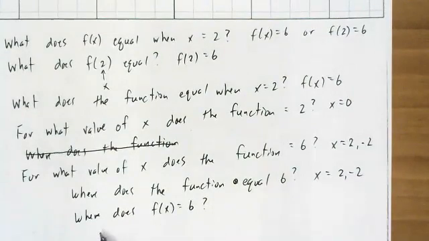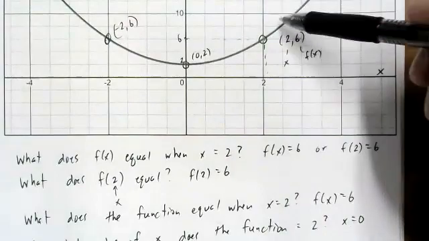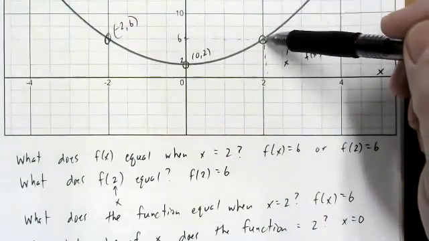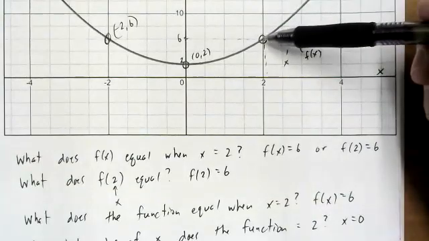In a sense, what they're asking is, where does the function equal 6? What they're really asking is, what are the values of x where the function equals 6? So where does f of x equal 6? You go find on your graph where the function equals 6. Once again, you got 2 points.